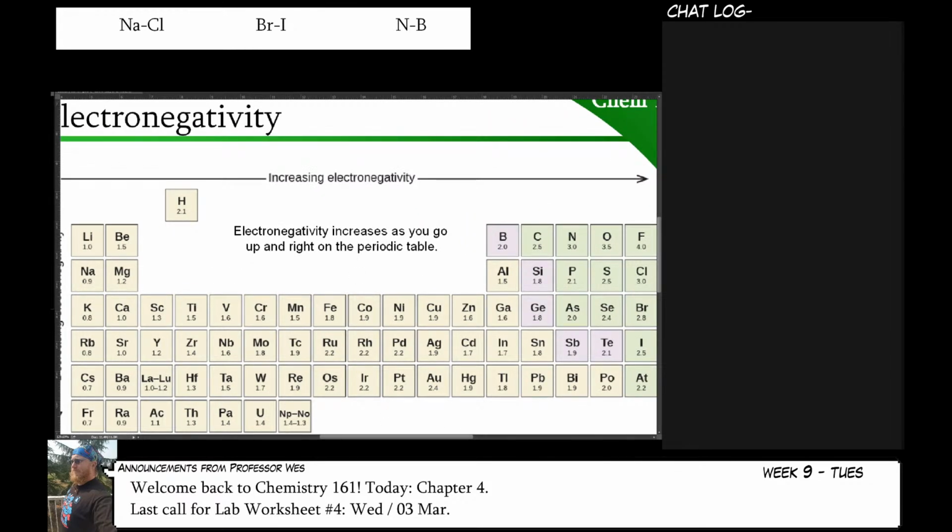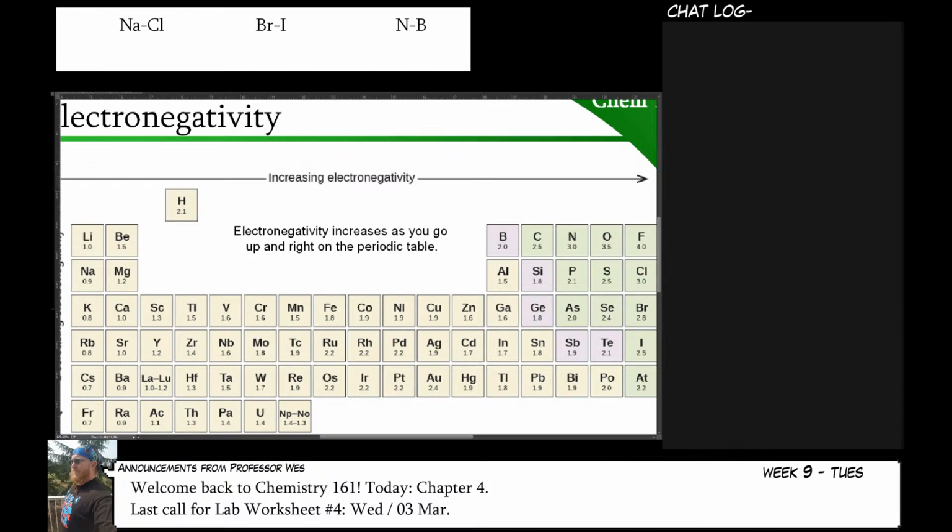That's big enough. And then give me a little more space to write with. Okay. So if I'm going to look at NaCl here, so sodium, I can't even read it on my screen, is 0.9. And then chlorine is 3.0. So the difference in electronegativity would be 2.1. So we would call this one ionic.